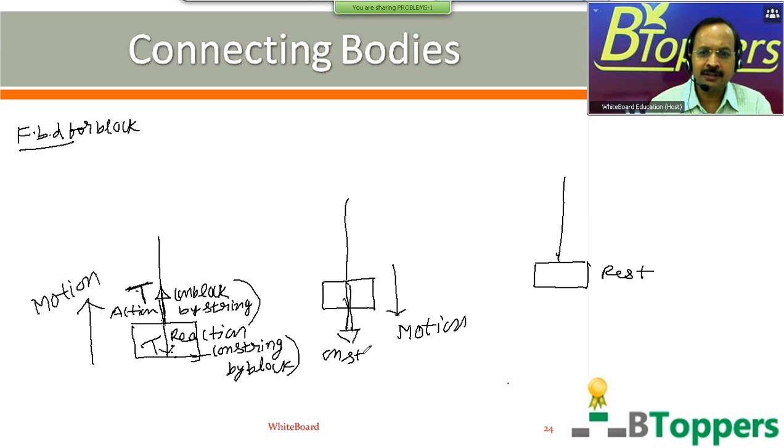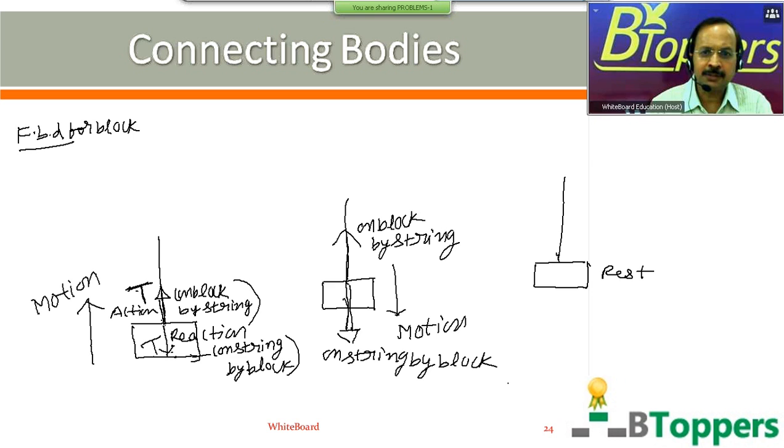So the force on the string by the block acts vertically downwards. Therefore, from Newton's third law, you can say that the force on the block by the string acts vertically upwards.